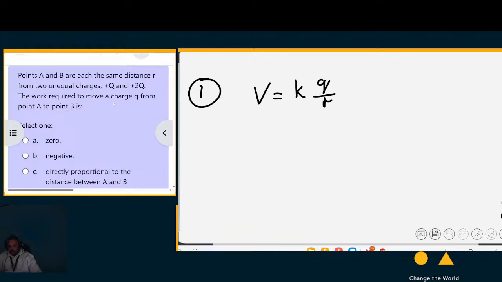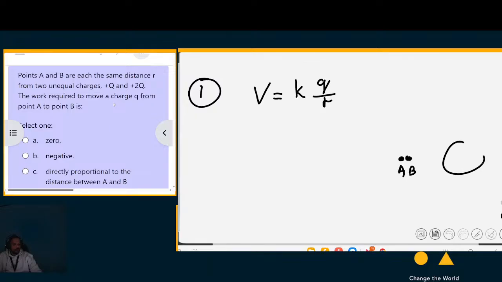Now in our drawing, let's say this is point A, and right next to it or superimposed on it is point B. That's A and that's B, and these charges are each the same distance r.